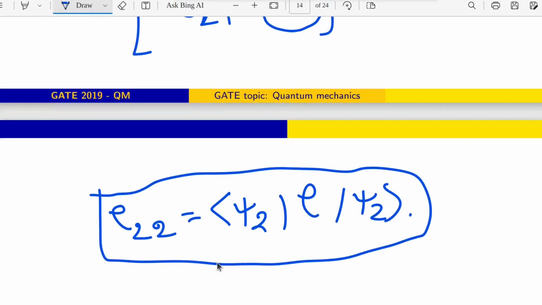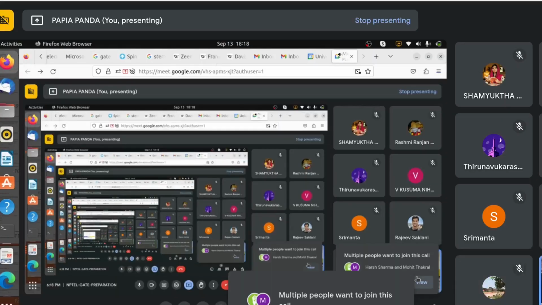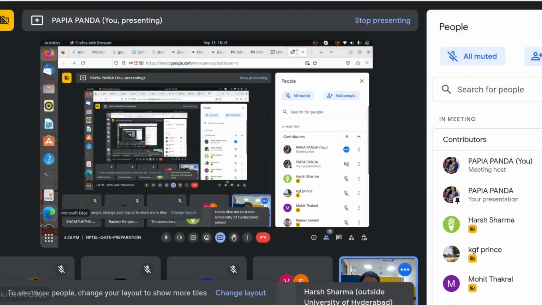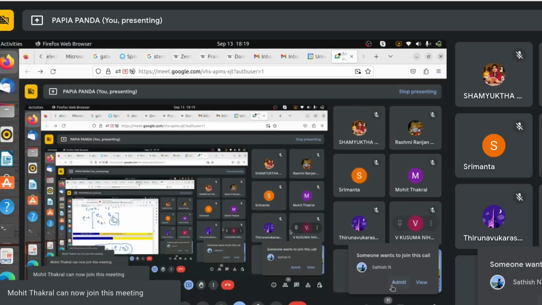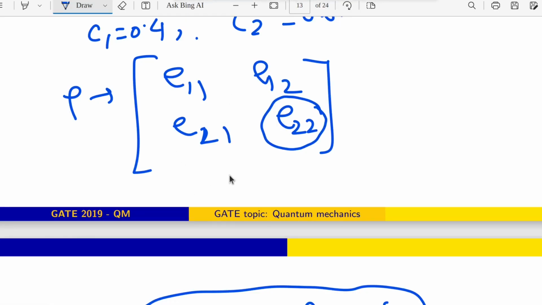So now you all can say what will be the value of rho 11, rho 12, rho 21, and all these things, right? Because if I already know the value of rho 22, then from that knowledge I can also tell all the other elements.